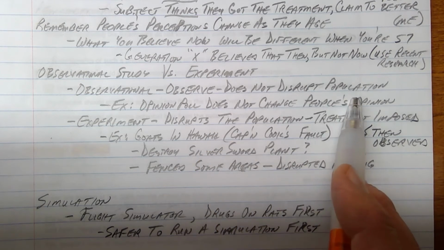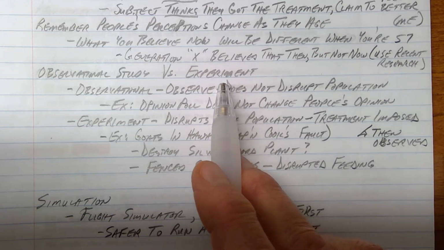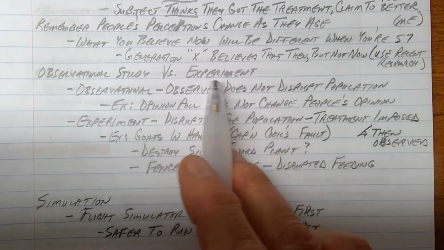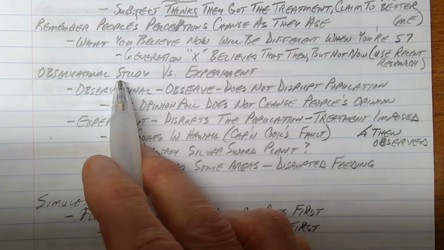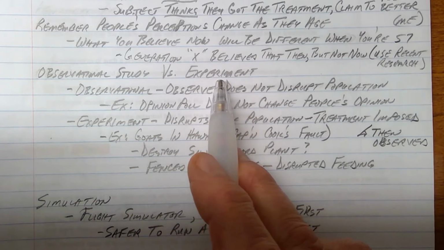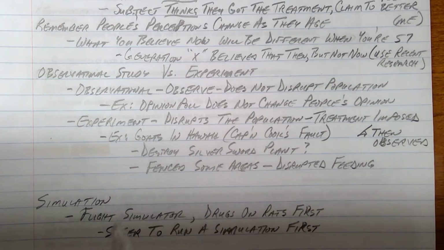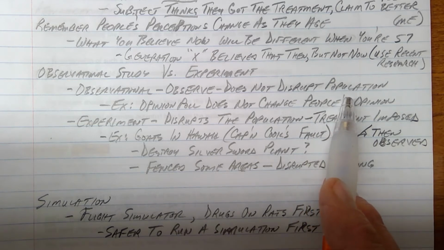If you disrupt the population, if you impose any kind of change on it, or if you impose a treatment on it, we call that an experiment. Just sitting back and watching and not changing anything, observational study, versus changing something about that person or deer or fish or cow or a fox's day, imposing a change on their everyday life. All right. So an observational study does not disrupt the population.